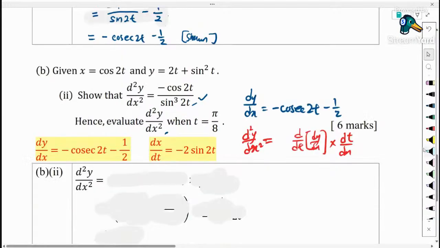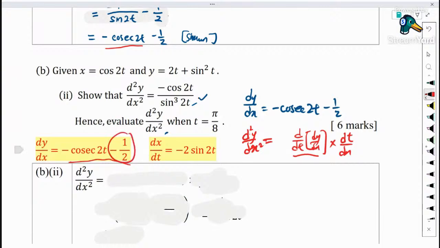So as a result, differentiate the dy/dx with respect to t first. Here we want to differentiate this dy/dx with respect to t, so the constant will disappear.